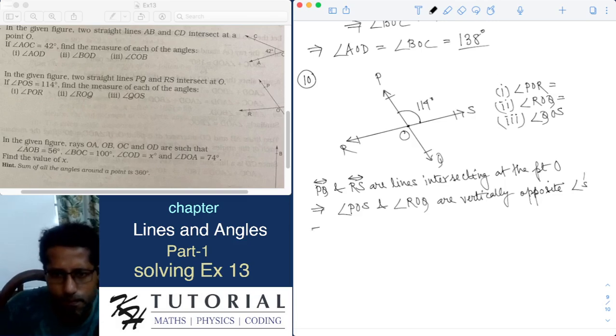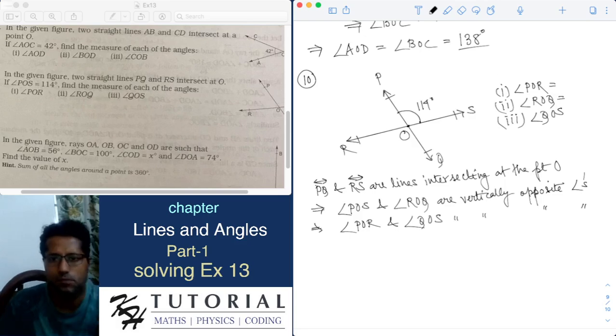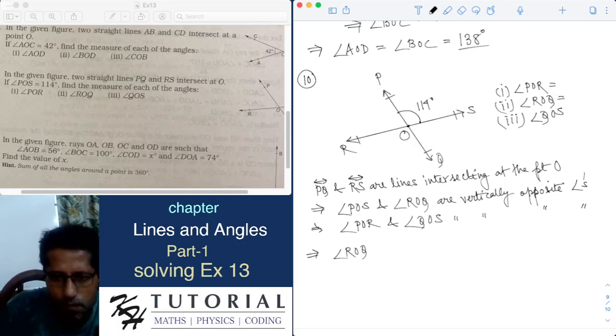Similarly, angle POR and angle QOS are vertically opposite angles. Now this implies angle ROQ is equal to angle POS, which is given to be equal to 114 degrees. So angle ROQ is 114 degrees.